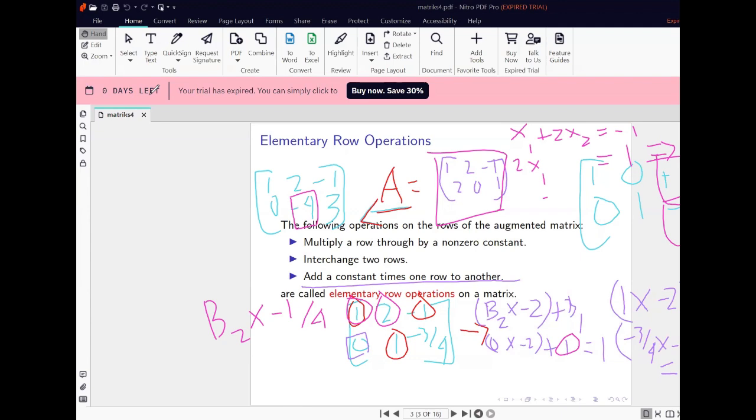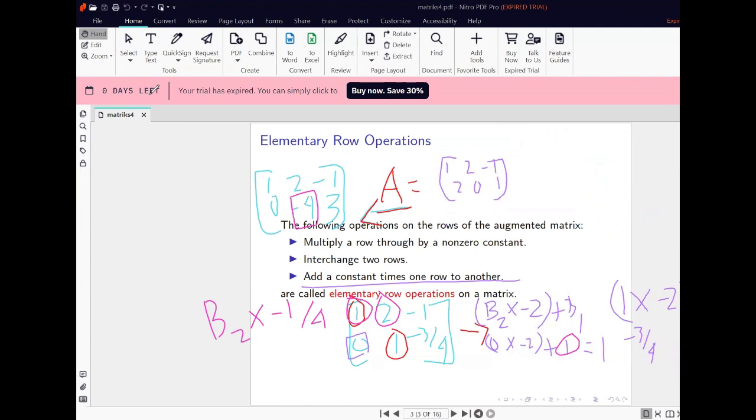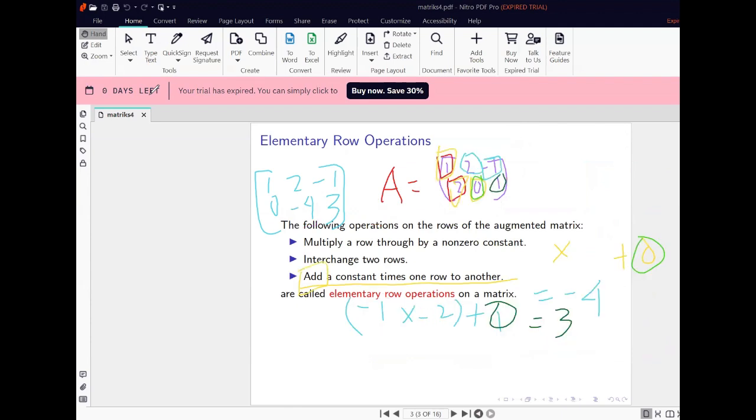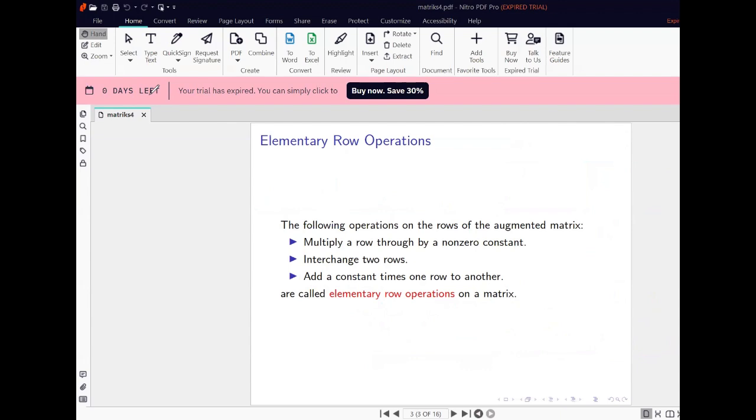Until here, is there any question? No? So we go on to the next page.